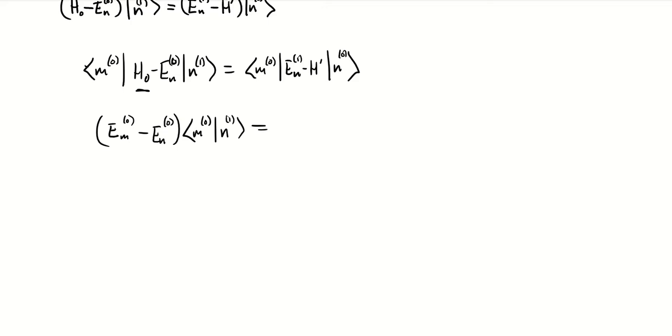Over here on this side, because we're looking at the m not equal to n states, this En1 has a Dirac delta between these two, so that gets to 0. So we just have negative <m0|H'|n0> there. This term here is just our cmn coefficients. That's the projection of our corrected state onto that basis vector.